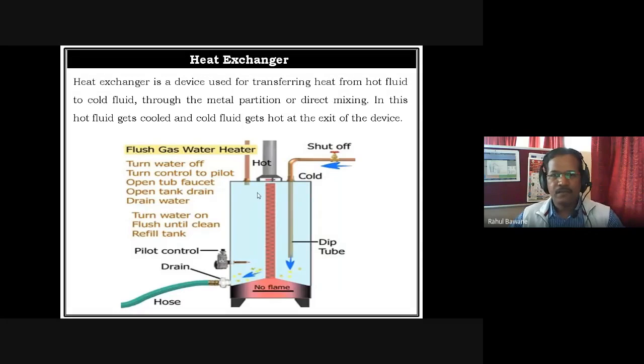So here we use a metal partition in the form of a tube, and heat is transferred from hot gases to cold water. This is one of the basic applications of a heat exchanger. Many times it is asked in your practical exams.